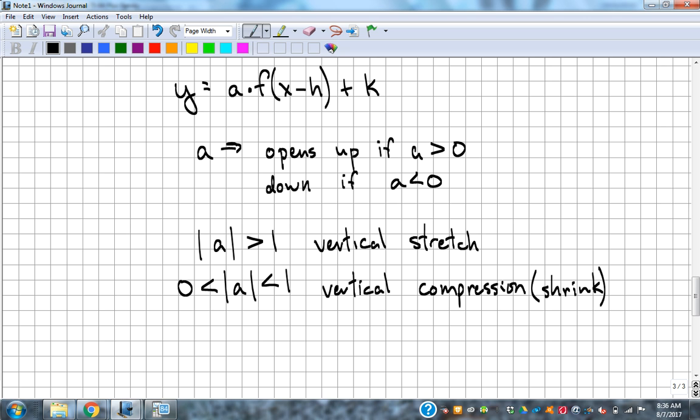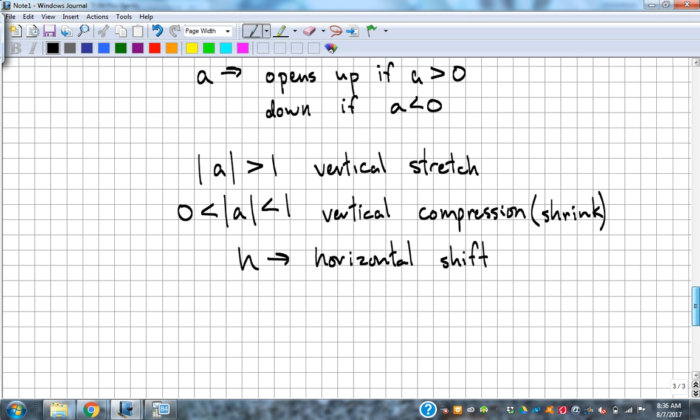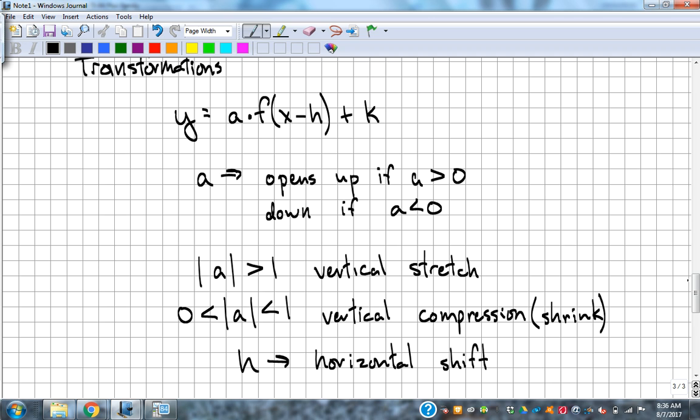So A decides that. H is going to be a horizontal shift. Okay, so that H in there is going to shift it horizontally every how many units that is. So if that would be X minus 5 in there, you're going to shift to the right 5 units.